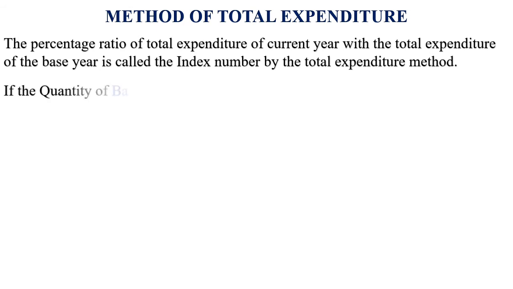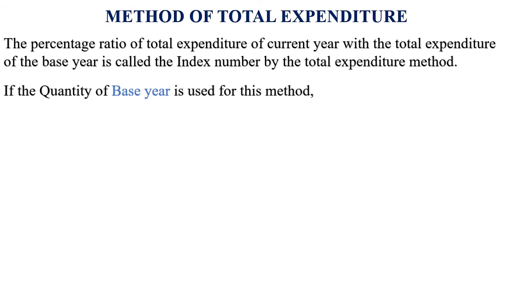If we are using the quantity of the base year in the calculation, we know that the prices of the current and base year are always there, but which quantity should we take? We are familiar with the usage of quantities from Laspeyres and Paasche, where Laspeyres uses the base year quantity and Paasche uses the current year quantity.